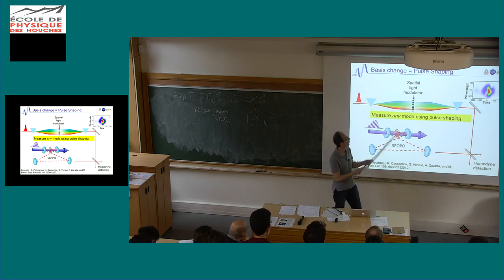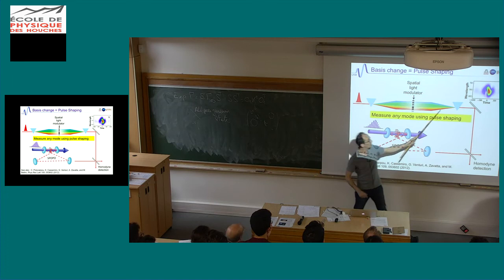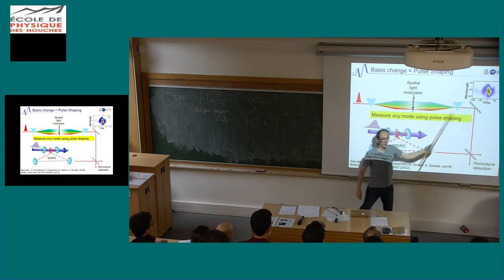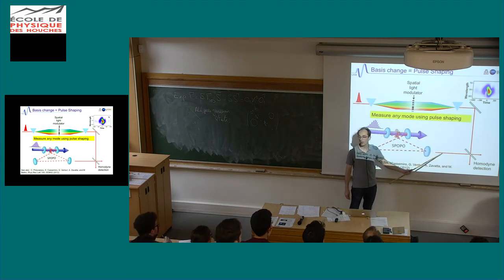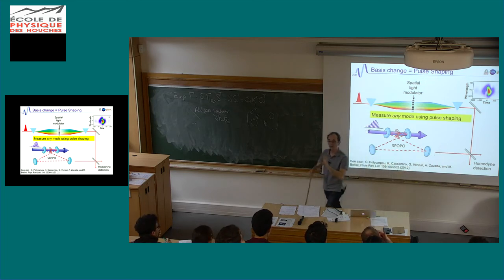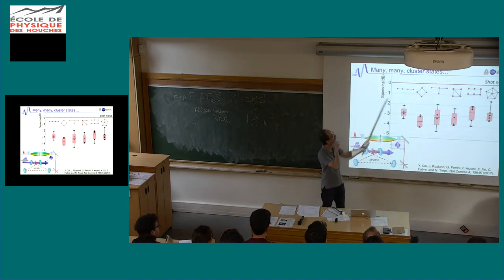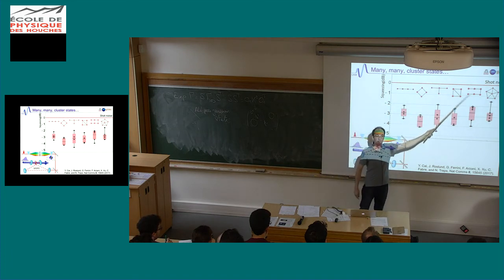In fact, we do a measurement in a different mode basis by shaping the local oscillator of our measurement. So this is a different way of doing a measurement. We generate a different pulse shape here, and it means we can interrogate the output of the cavity in any basis by doing that. Of course, it's not perfect, because it means now we measure only one mode at a time, but still, with this, we could demonstrate all these cluster states which are here.